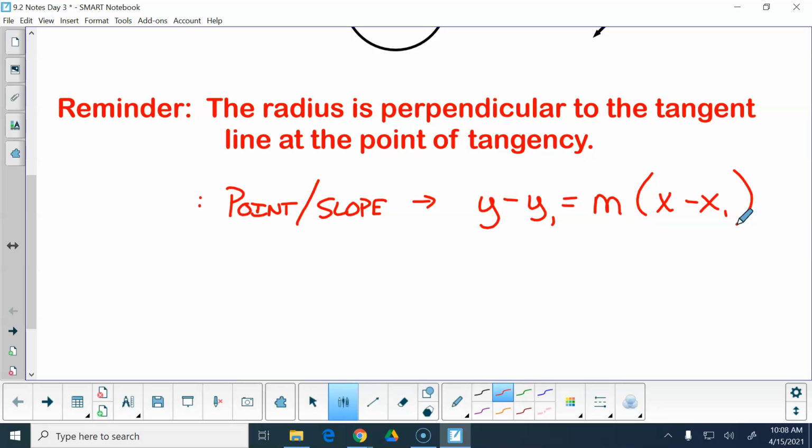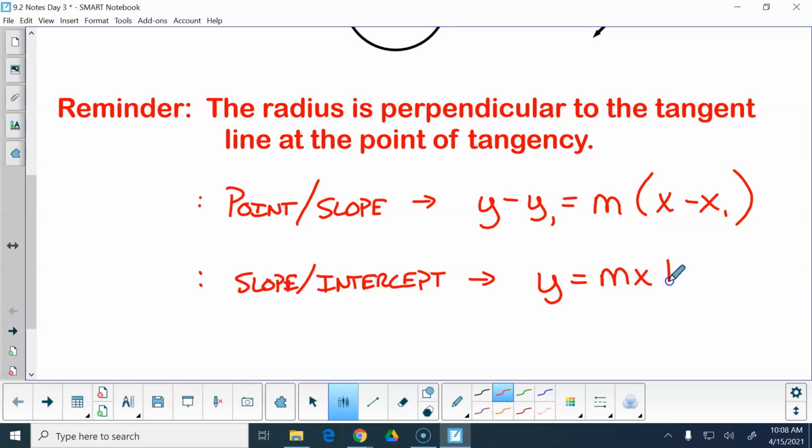And then we also have the slope-intercept form of a line as y equals mx plus b. So we're going to have those two come into play.